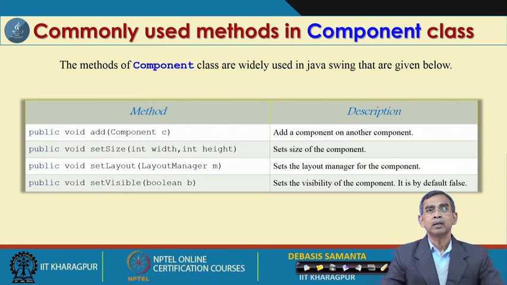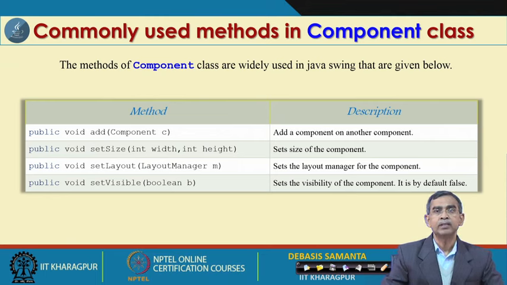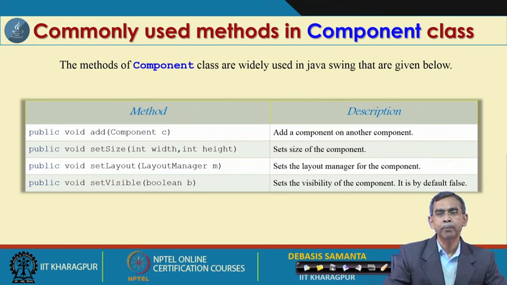First of all, the component class, as you are already familiar, has a few methods like add. Using add, any component can be added into some other container, either a frame or an applet. It also has the setSize method, which we are already familiar with, and setLayout and setVisible.